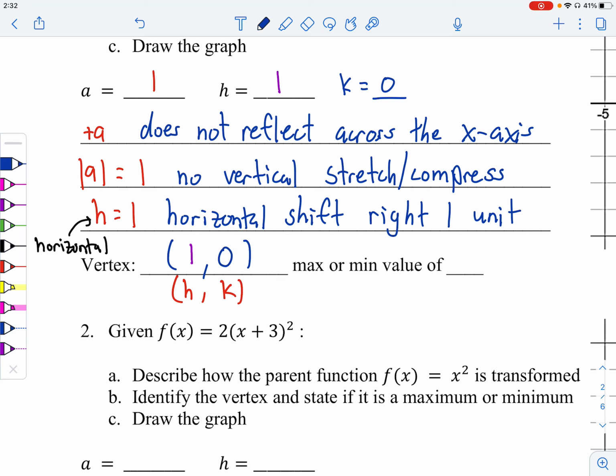When we graph this, we want to start at the vertex, and our y value is going to be our maximum or minimum value. It does not reflect, so it's facing up. So we should have a minimum point.